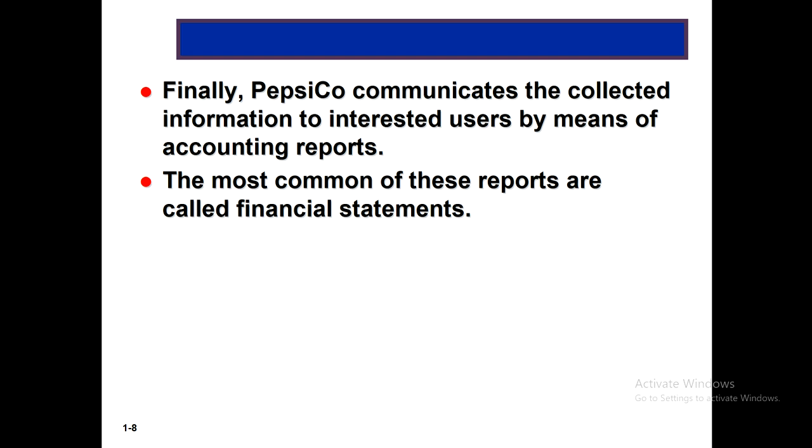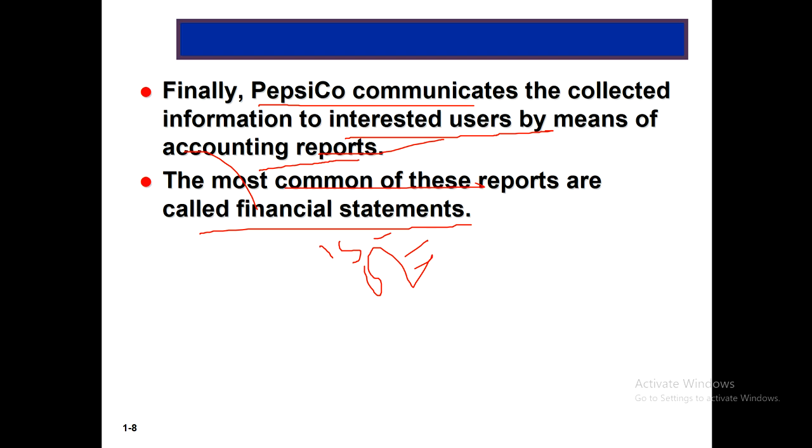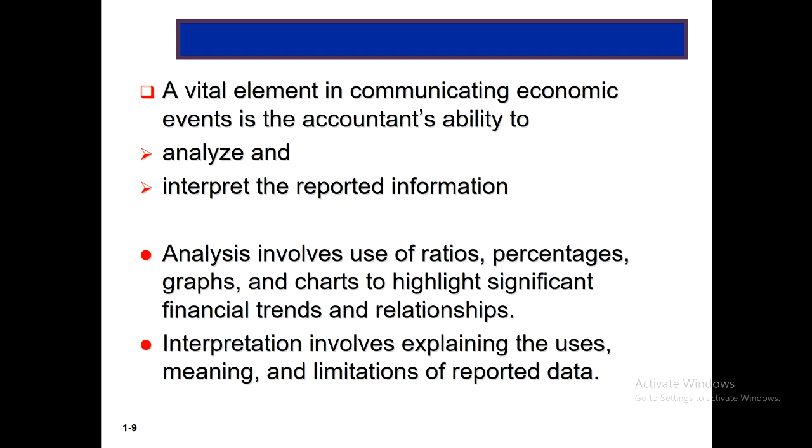So here the Pepsi company communicates the collected information to the interested users by means of accounting reports. The most common of these reports are called financial statements. Financial statements means income statement, owner's equity statement, balance sheet, and cash flows statement.